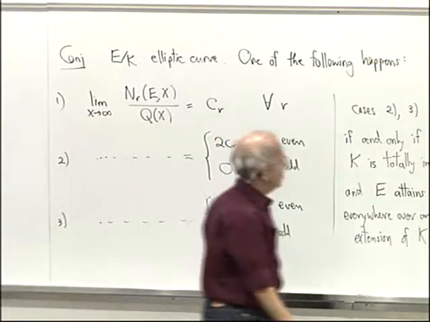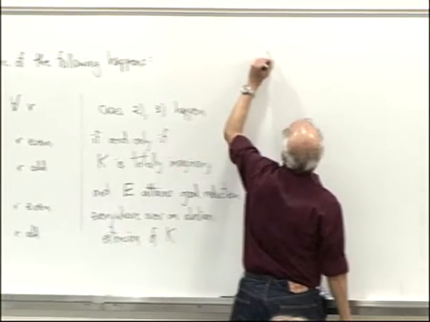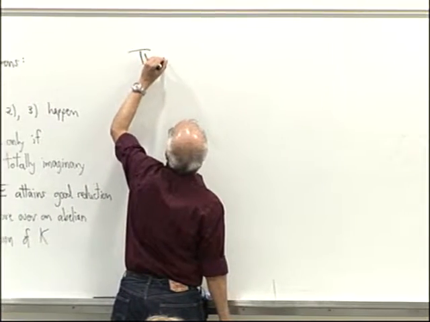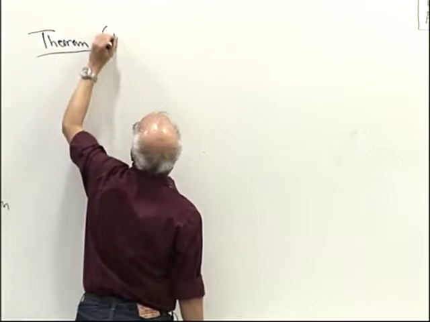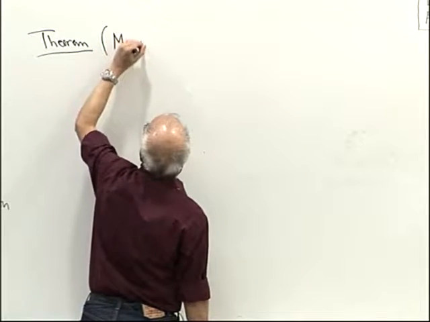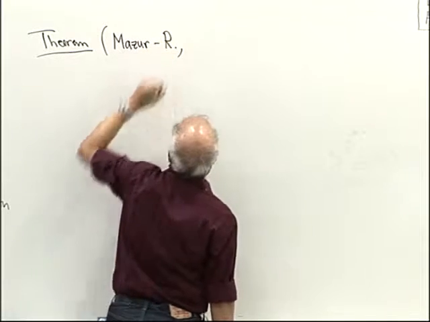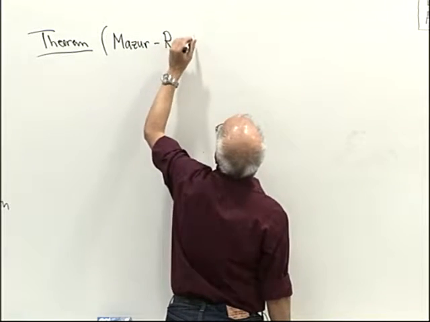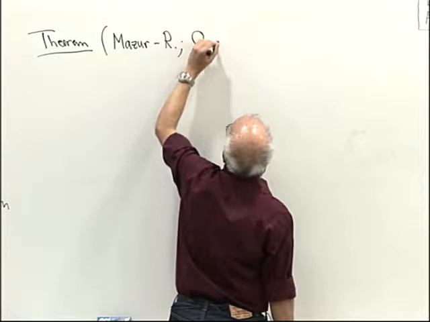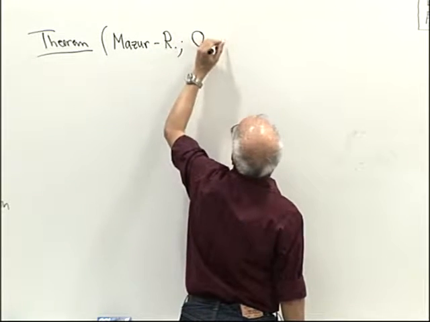Okay, so what can we prove in general? So this, as I'm going to state it, is due to Mazur and myself. But in the special case, which I'll describe in a second, it's due to Ono and Skinner.